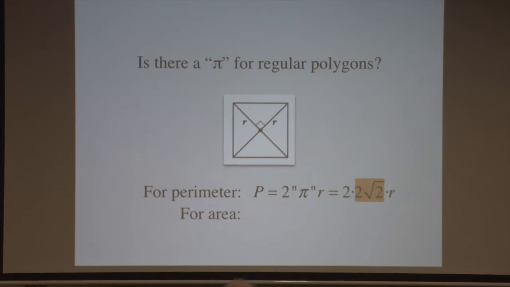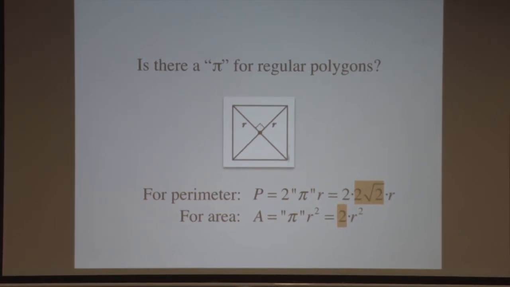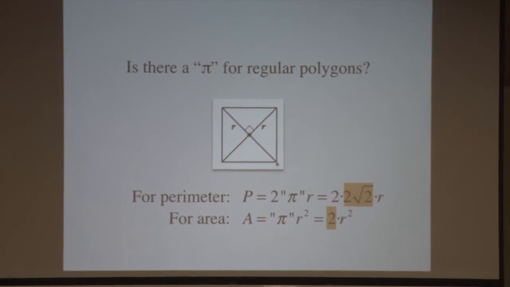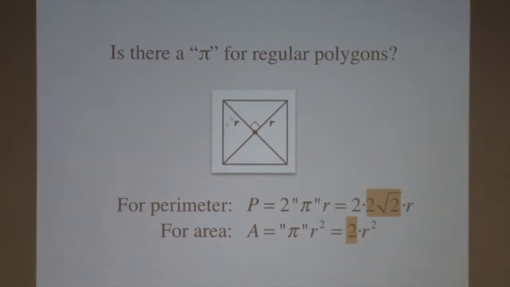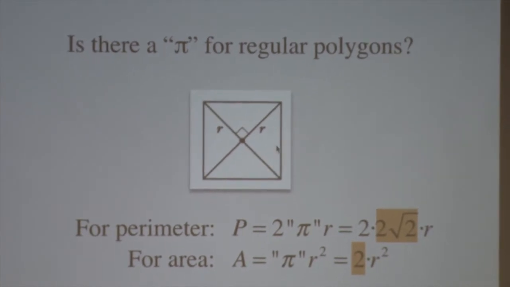Not impressive, especially since for area, if it was pi r squared, it's actually 2, because you can see that this triangle has area 1/2 of r squared, and we have 4 of them. So it's 2r squared.